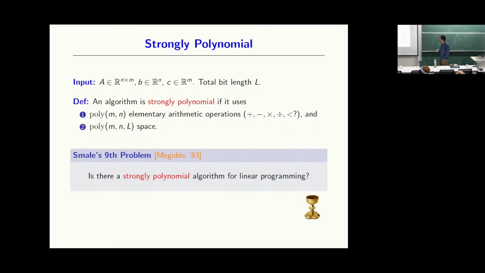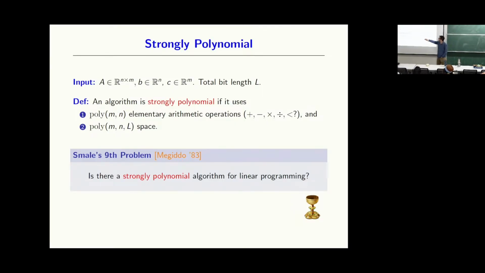A question that was formally stated by Megiddo and Tardos in the early 80s and was popularized by Stephen Smale in the Problems for the 21st Century is: is there a strongly polynomial algorithm for solving linear programming?